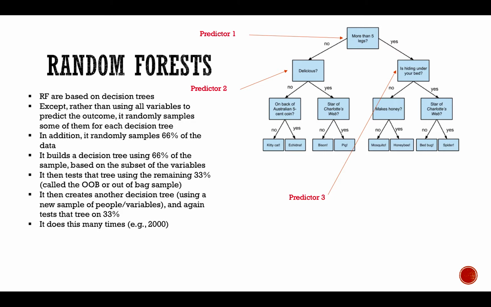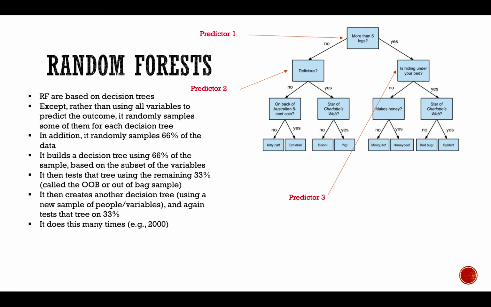So random forest doesn't actually use all the variables. What it does is it randomly samples some of them for each decision tree. Then, using this subset of variables, it randomly samples 66% of the data set, or 2/3 of the data set. With that 2/3 of the data, it builds a decision tree using the small number of variables it already selected.